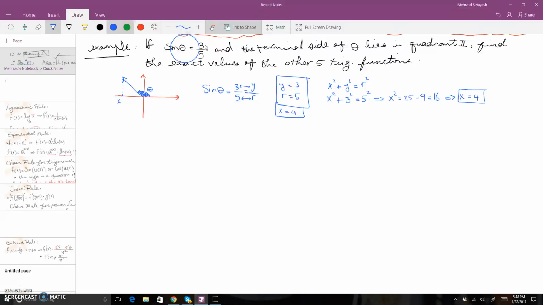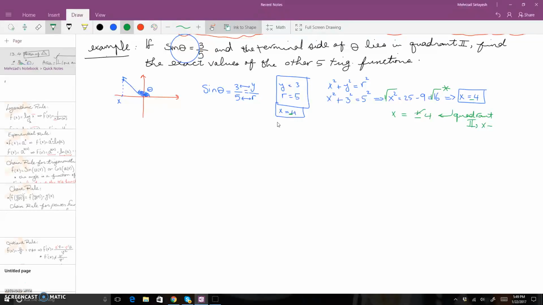When we take square root of both sides, remember that square root always generates 2 answers, positive and negative. Now, quadrant tells us which one to accept. Since it's in quadrant 2, x is negative, therefore positive answer is not acceptable. Here I have to put a negative.